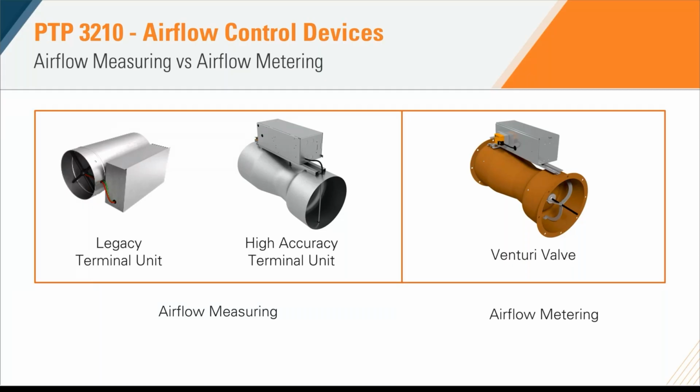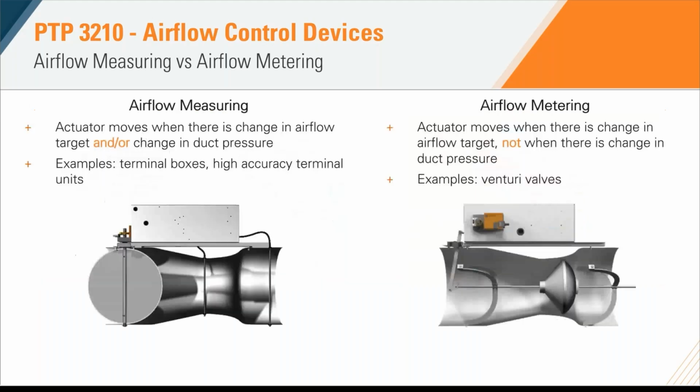So now what we're going to do is try to better define and understand what we mean when we talk about airflow measuring versus airflow metering. Well, in essence, airflow measuring means our actuator on this airflow device is going to move if there's a change in our airflow target and/or a change in our duct pressure. So that actuator will continuously adjust if our airflow target changes or if that duct pressure fluctuates.